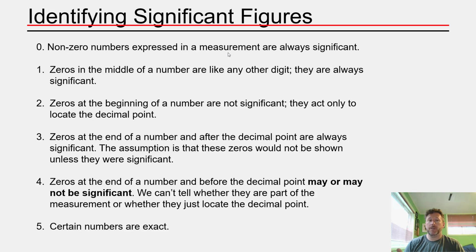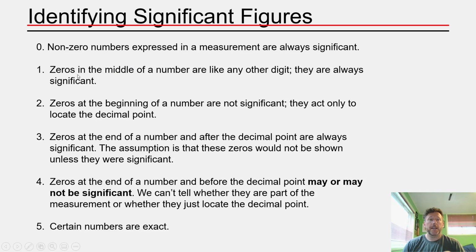Zeros are where you have some ambiguity, and that's where you have to use the rules to decide. So I consider kind of rule zero in this process is if you see a measurement, any non-zero numbers expressed in the measurement are considered significant figures. And they tell you something about the accuracy of the measurement. You have to make decisions about the zeros.